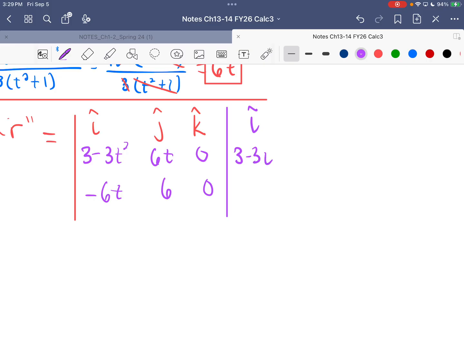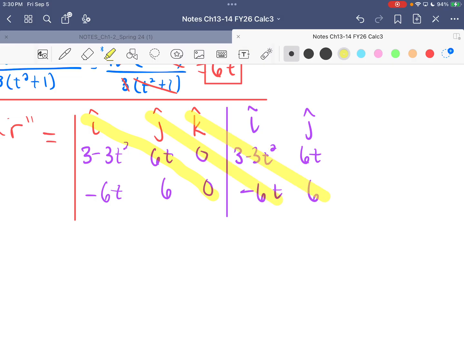That's a t squared. Okay, so we got a 0, a 0. This is our only thing that is actually giving us any information.